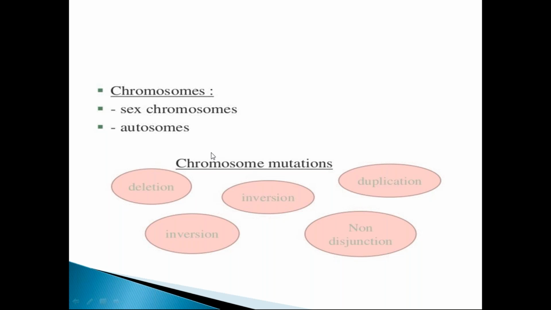Chromosomes may undergo various genetic disorders under the influence of deletion of chromosome, inversion of chromosome, non-disjunction of chromosome, and duplication of chromosomes. These are causes for chromosomal disorders in human beings.